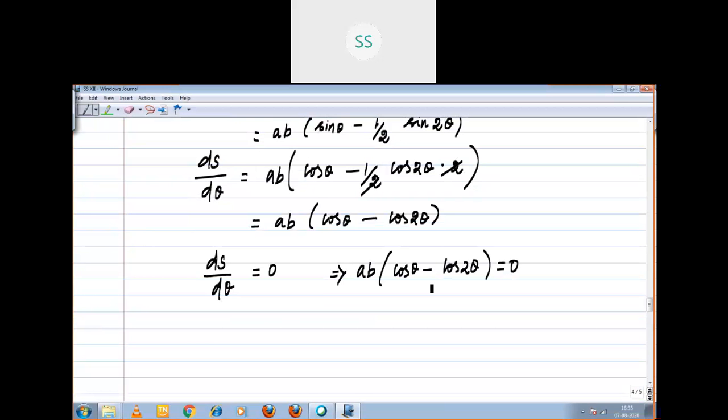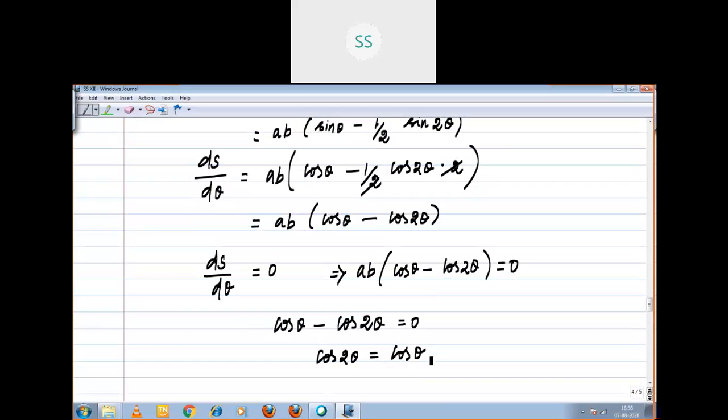Since ab is not equal to 0, cos theta minus cos 2 theta equal to 0, so cos 2 theta equal to cos theta. Now, the solution should be in the first quadrant or the fourth quadrant, where cosine is positive.